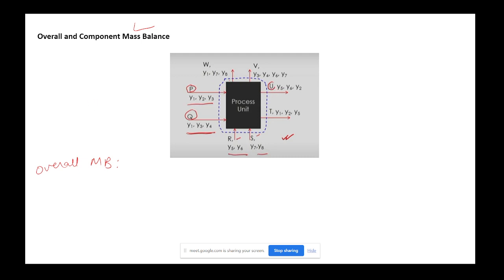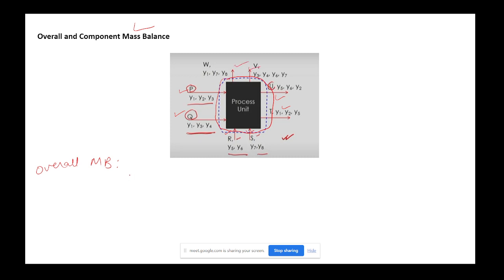Say for example, you have this system. In this system, without getting into the concern of what species are present, you just consider the total amount getting inside the process or system, and the total amount of material leaving the system.